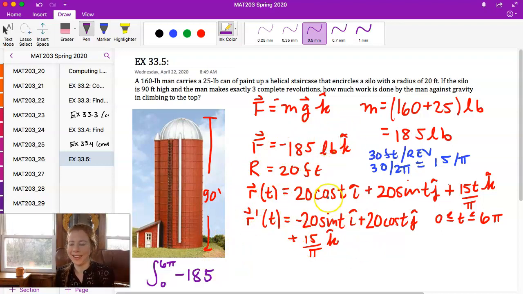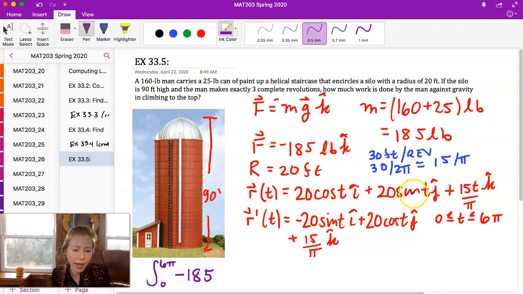So really these i hats and j hats don't matter so much because we don't have any x and y components in our force field here. And so when you do the dot product, 0 dotted with minus 20 sine t is going to be 0, and 0 dotted with 20 cosine t is going to be 0.